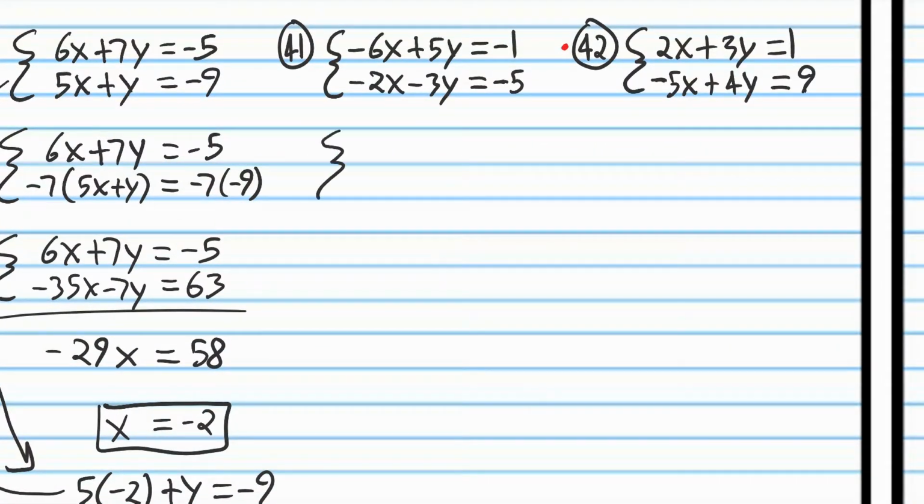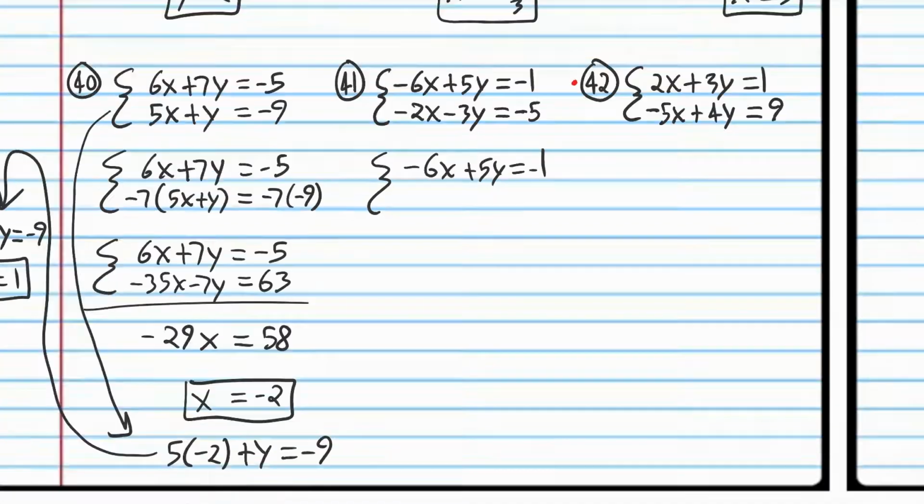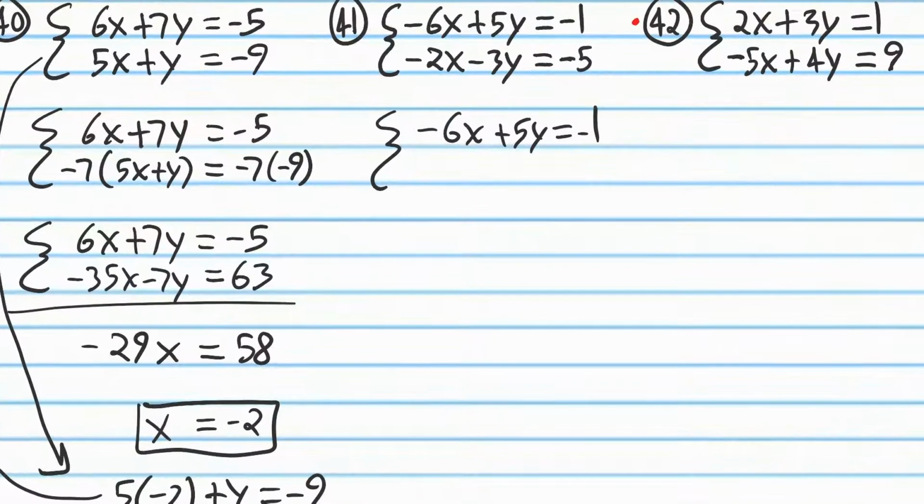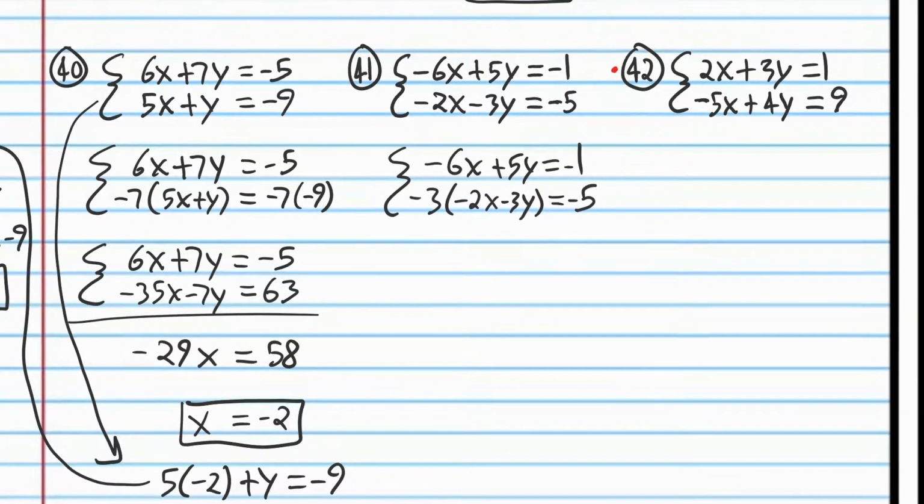All right, we're back. I want to multiply the bottom equation by -3. Because I got to change that sign to +6. Whoops, I got to multiply the right side of the equation too.